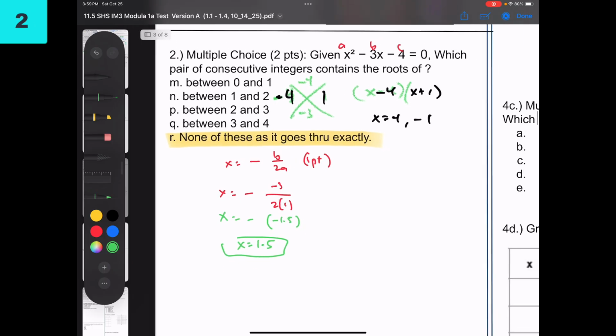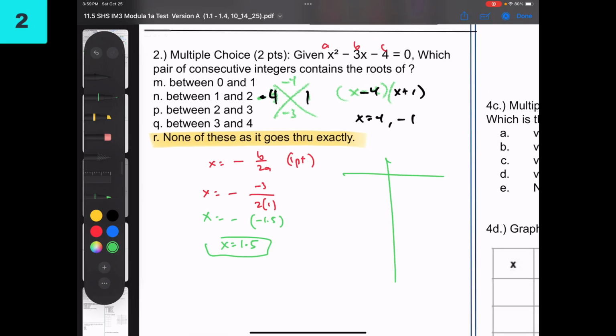So when you create your table of values, 1.5, go down, 1, 0, negative 1, 2, 3, 4. And the goal is to keep continuing until you get a 0. Negative 4, negative 2, negative 6.25.